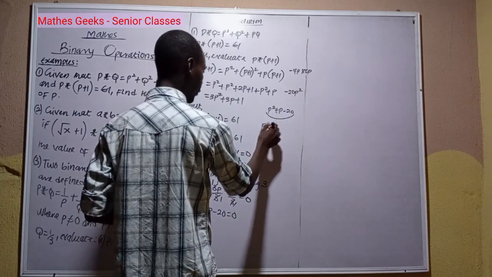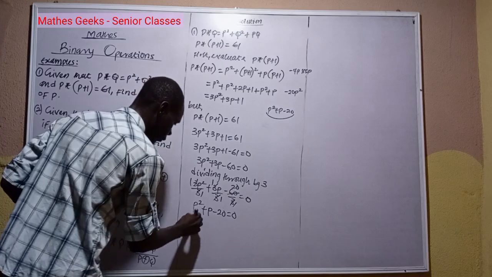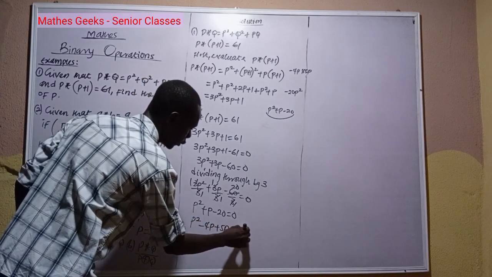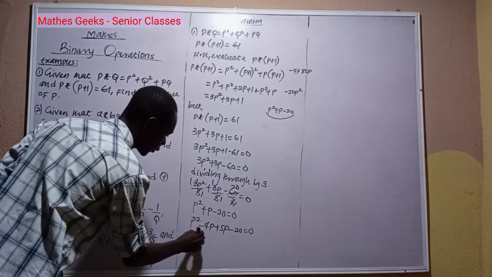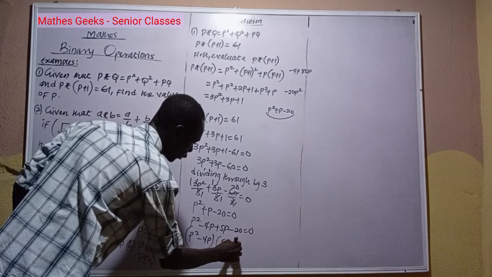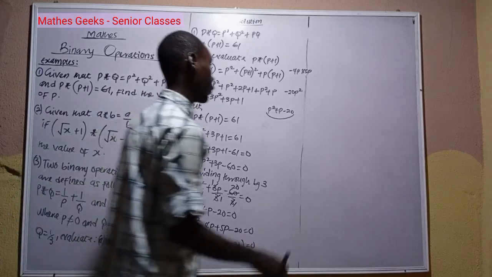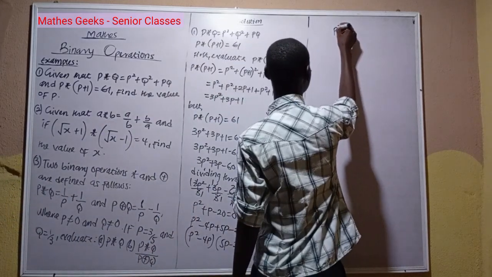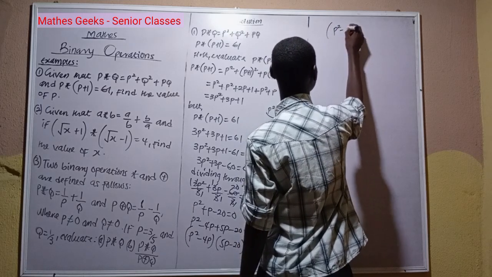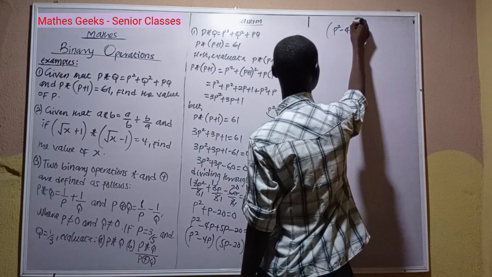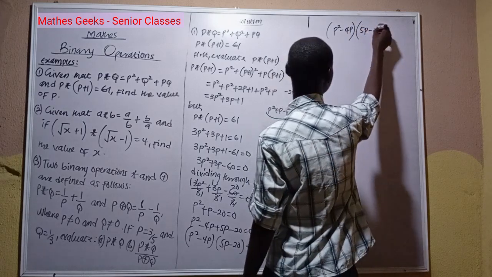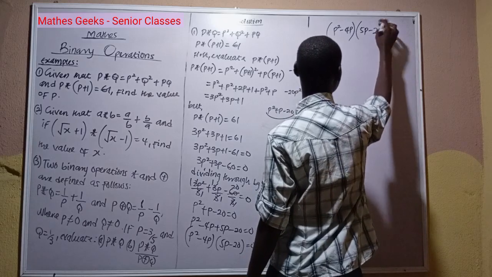So p squared minus 4p plus 5p minus 20 equals 0. P squared minus 4p, and then you have 5p minus 20, equals 0.